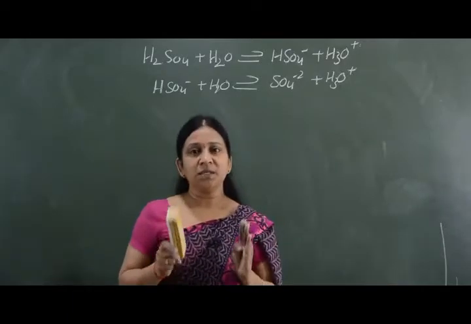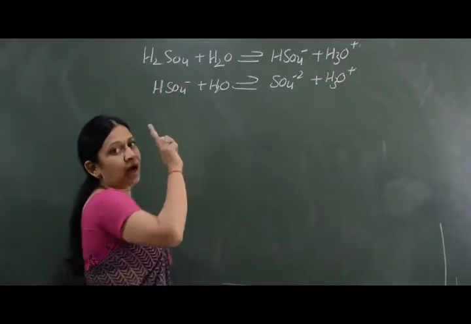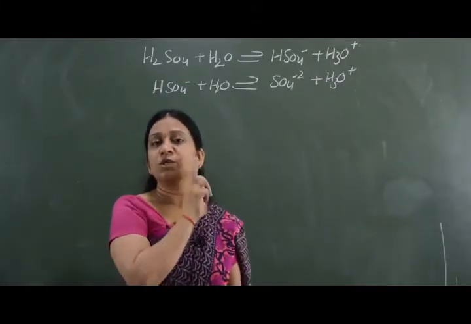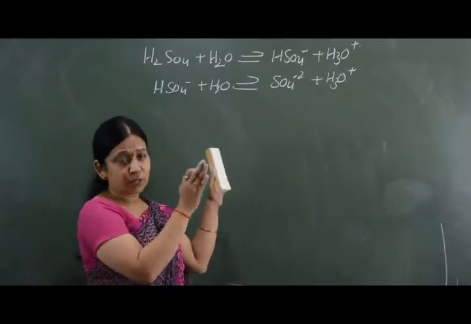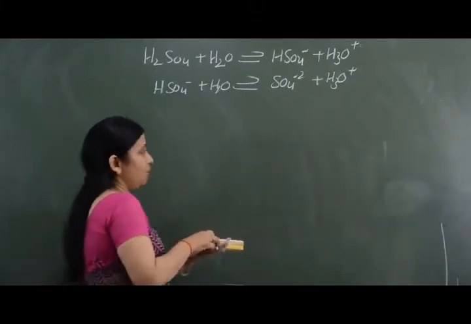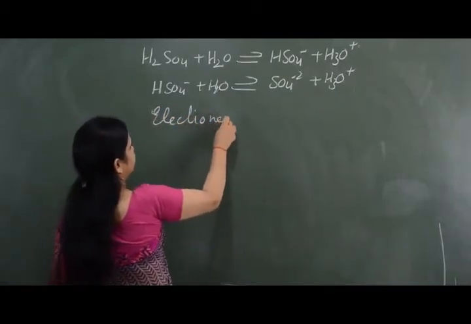That means the system is electrically neutral. So these 2 equations are given because of dissociation of sulfuric acid in water, and the third equation we are going to write ourselves, which is electroneutrality.